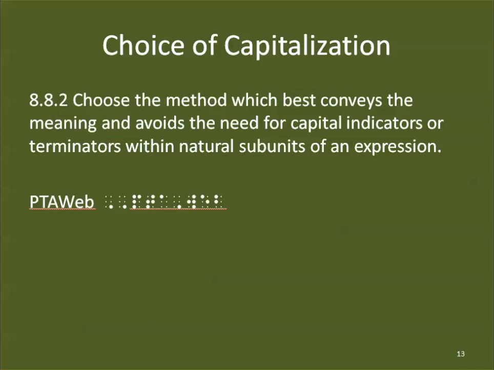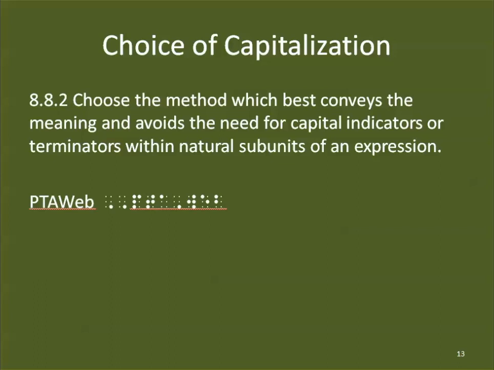Another consideration is to choose the method which best conveys the meaning and avoids the need for capital indicators or terminators within natural subunits of an expression. So for instance, a software program platform that we used to have here at the center was called PTA Web. That's how we say it, PTA Web.